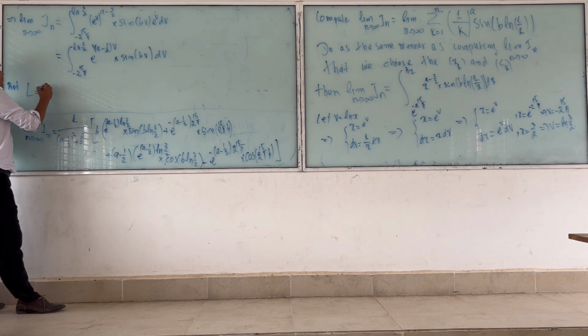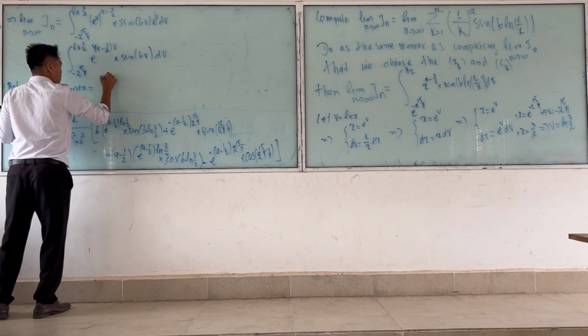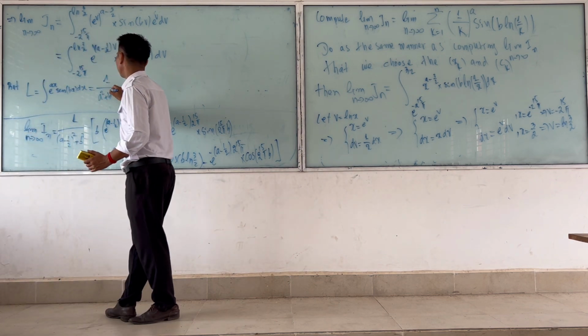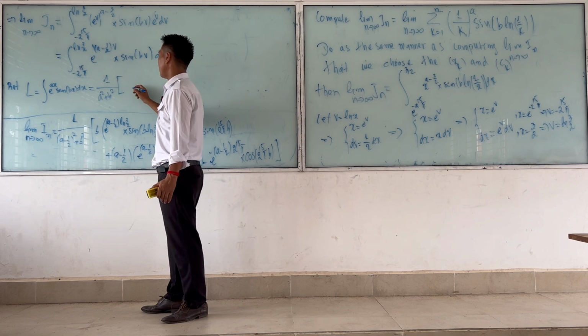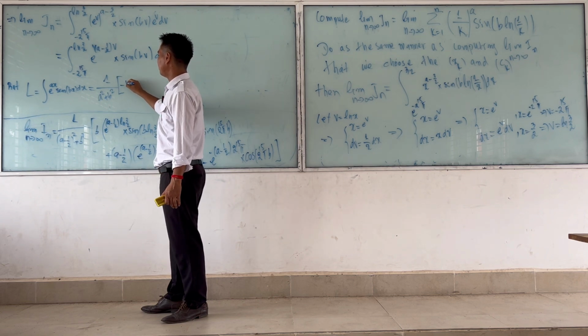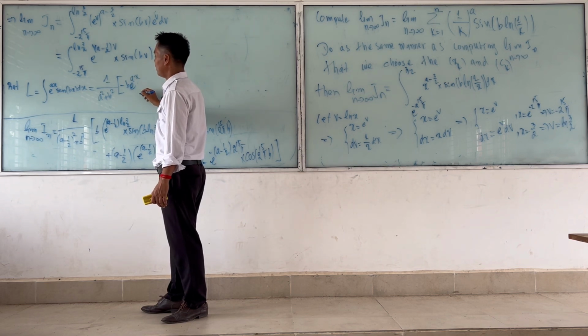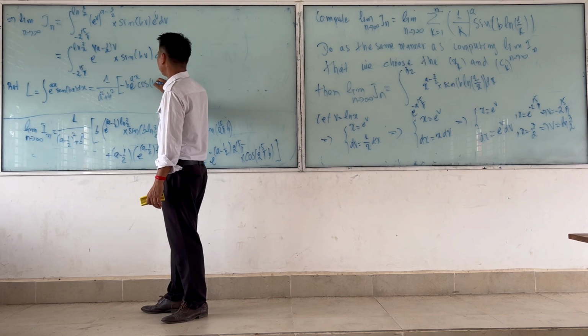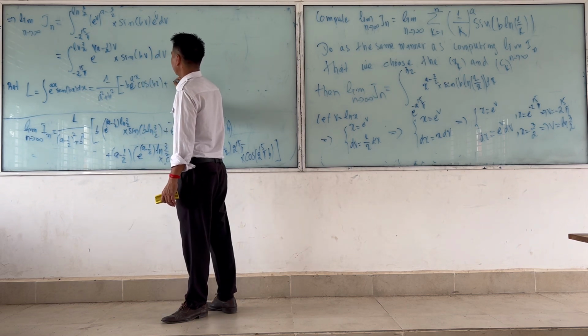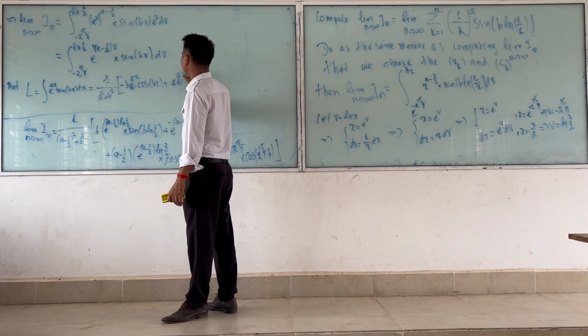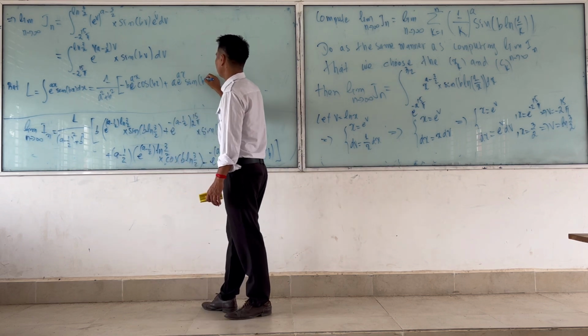So L equals what? The integration of e to the power ax sin bx gives 1 over a squared plus b squared, multiplied by negative b e to the power ax cosine bx plus a e to the power ax sin bx.